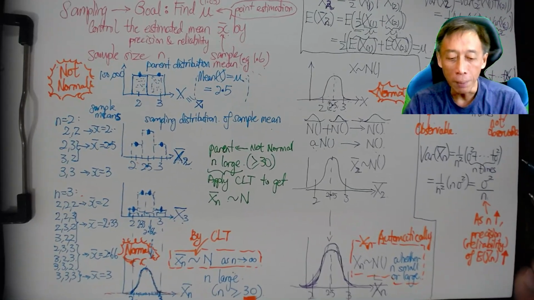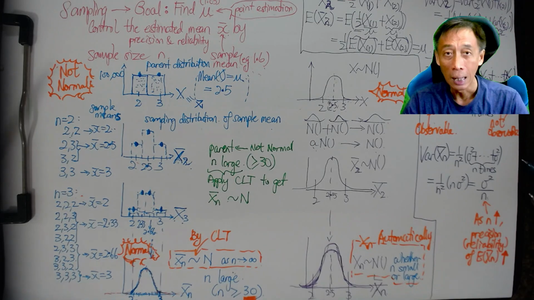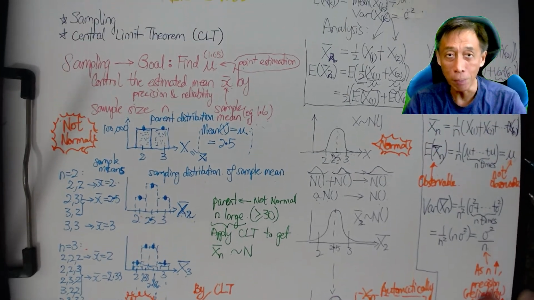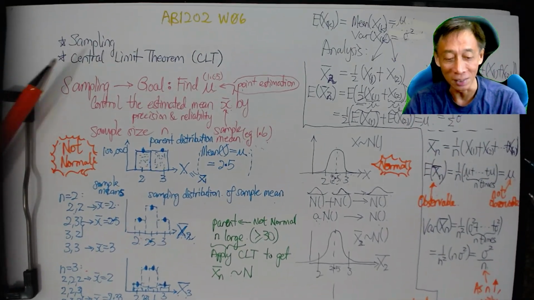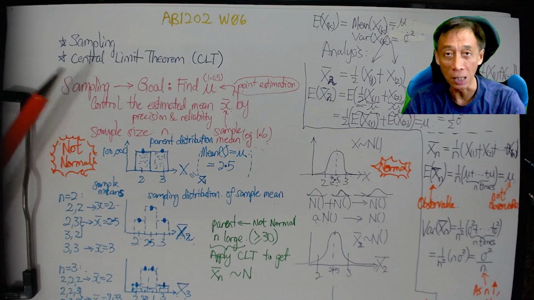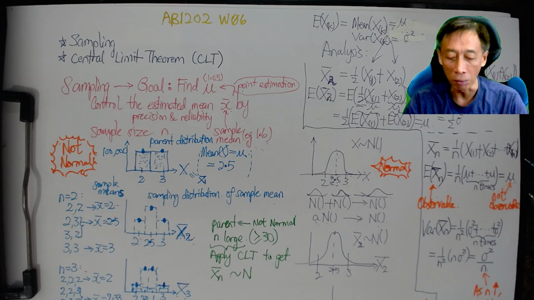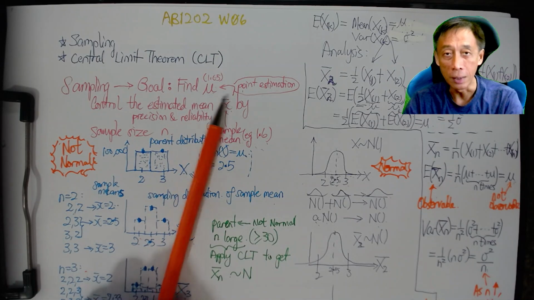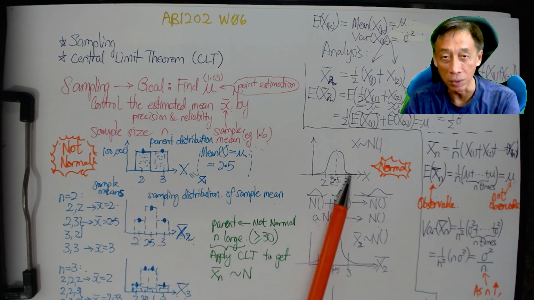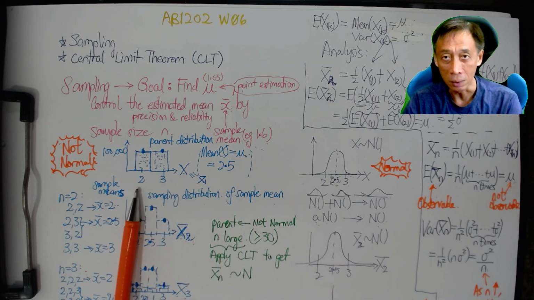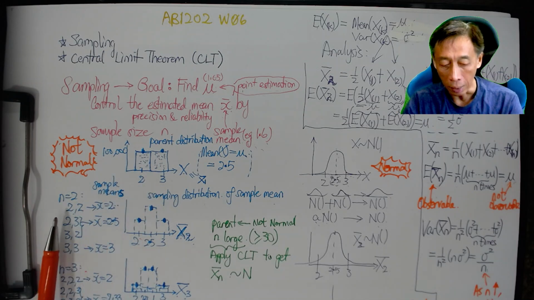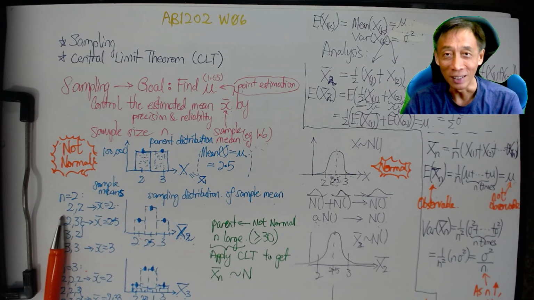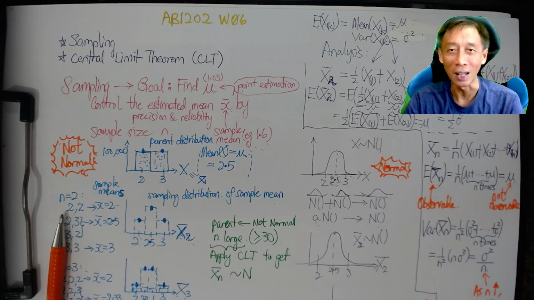So hopefully by now you can see how these 2 main points that we started off trying to discuss, the sampling activity and the central limit theorem, how they interact with each other based on the goal of trying to find mu and the behavior of the given parent distributions themselves, something we cannot control, by tuning the sample size, something we can control.